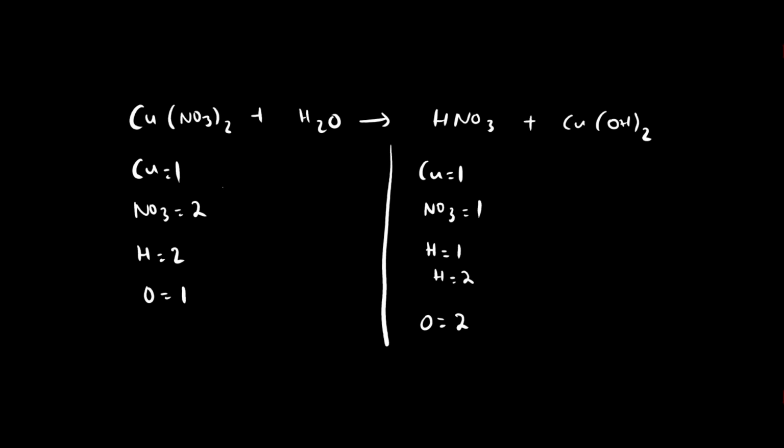So in order to balance the nitrate, least common multiple of 2 and 1 is 2. So we need to introduce a coefficient of 2 in front of the hydrogen nitrate.